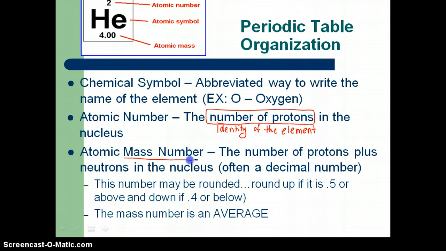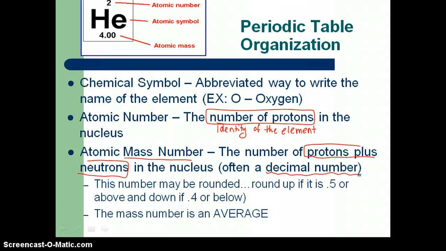It is the identity of that element. Mass number is protons plus neutrons. And these are in the nucleus. The electrons are too tiny to count in the mass. They're just too small. They don't have enough mass. This is a decimal number. So if you're not sure which one is the mass number and which one's the atomic number, you can know by the decimal.